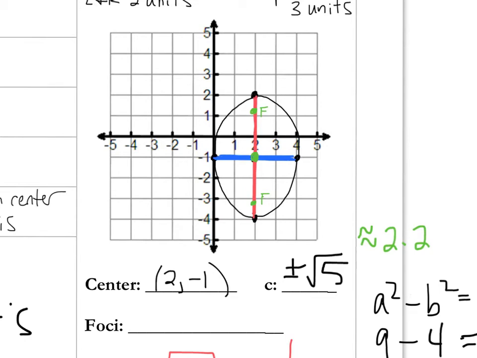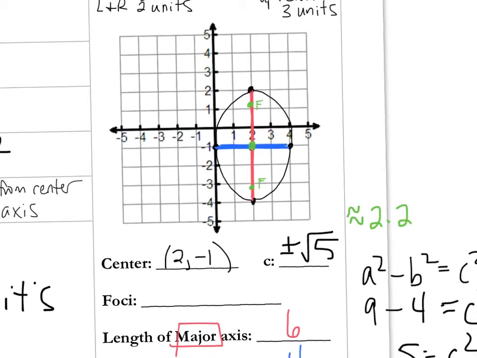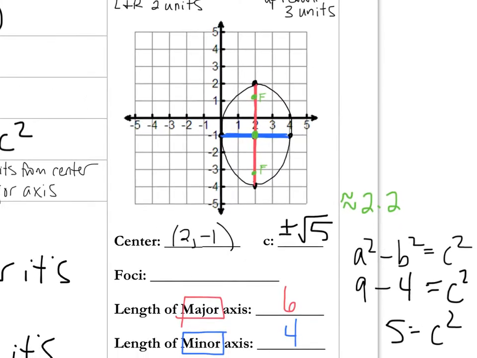All right, and so now we just have to look at the graph and figure out what those two ordered pairs are called. It was a decimal equivalent, so can you tell me what the x value of the foci both are? Well, they're both 2, right? So 2 comma something. And how did we get the foci? Well, the y value started on -1, and then we added and subtracted radical 5.